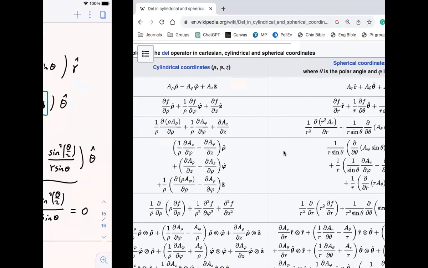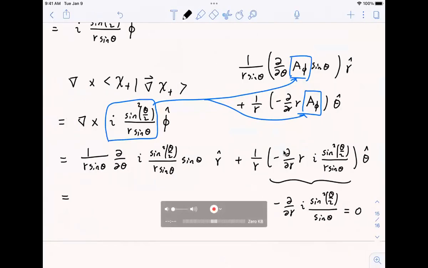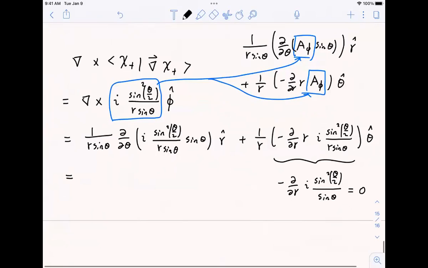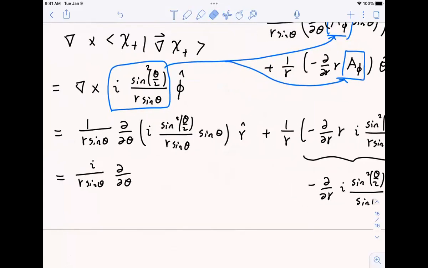There's a parenthesis here. So you can move the I outside. The R can also move outside, so it will be R squared. Then this thing is just sine theta over 2.